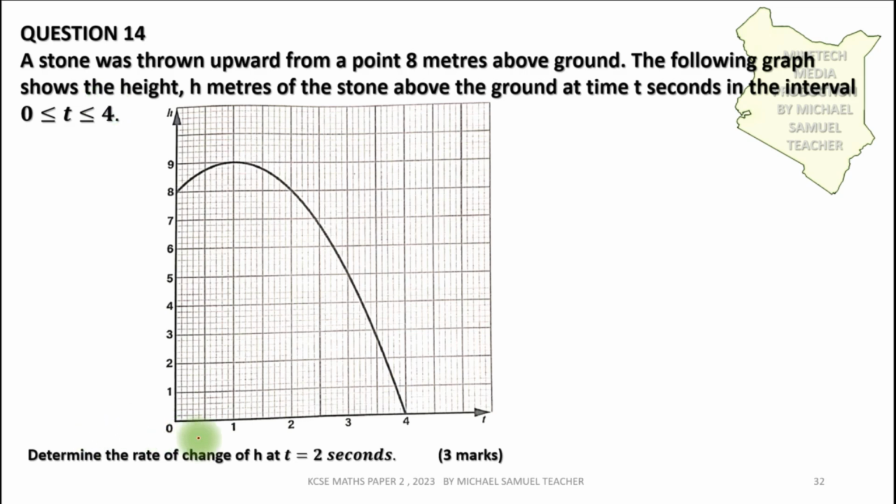So we are required to determine the rate of change of h at t is equal to 2 seconds. So at this particular point, what is the rate of change? We require to draw a tangent passing through that particular point.